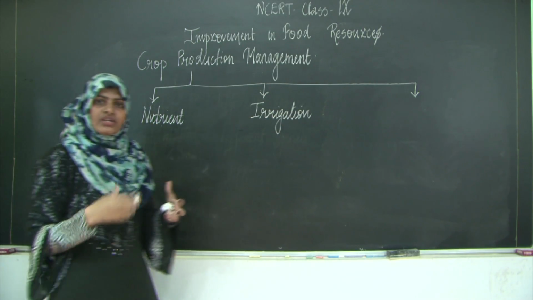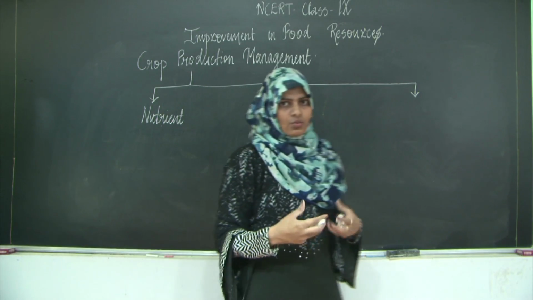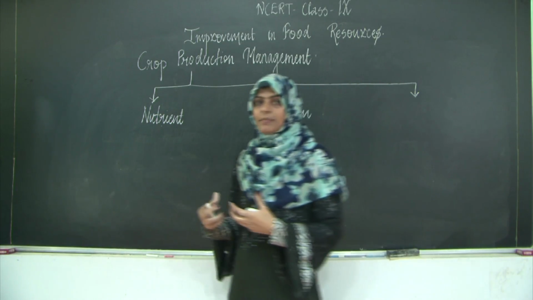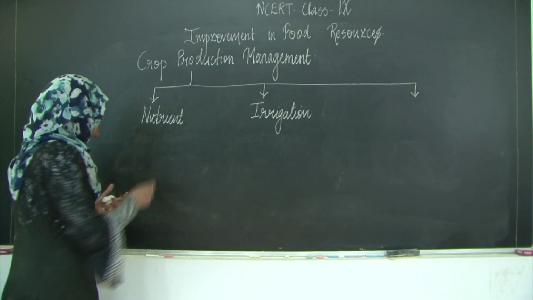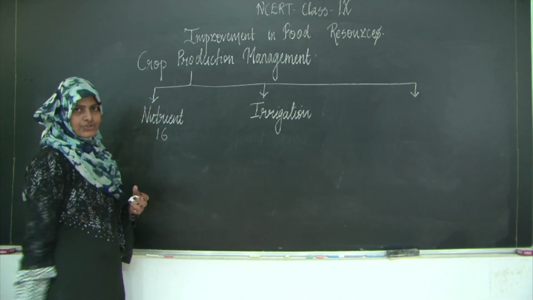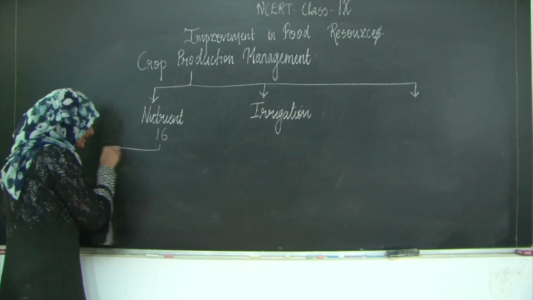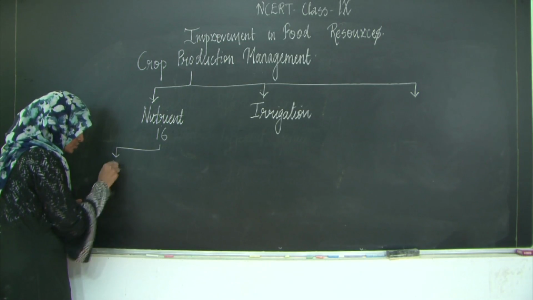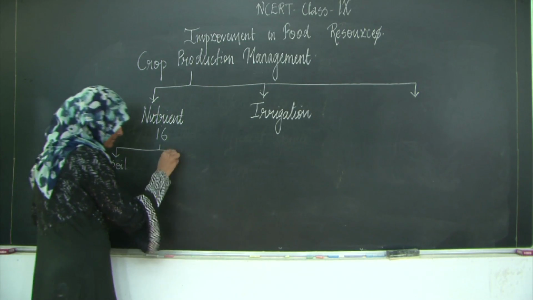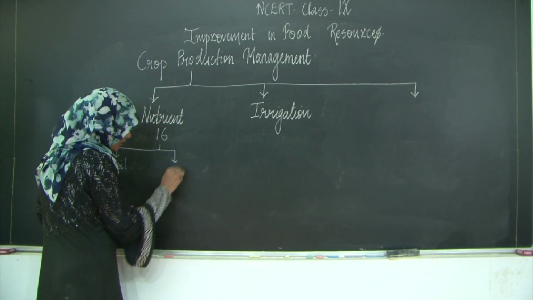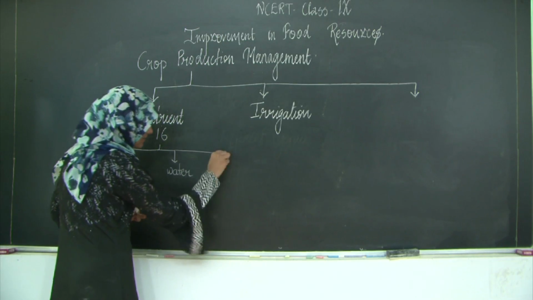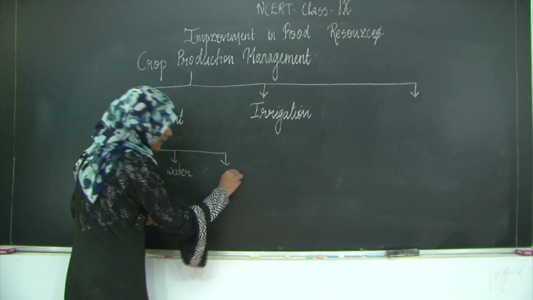The nutrients of the plant they get from the soil, water, and air. There are basically 16 types of plant nutrients, and they get these from soil, water, and air. From air, what will they get?